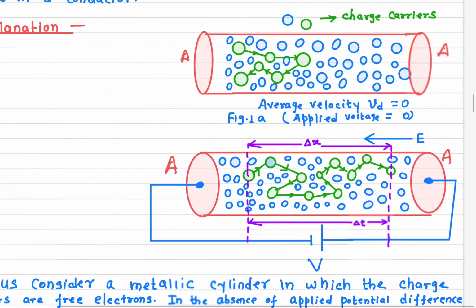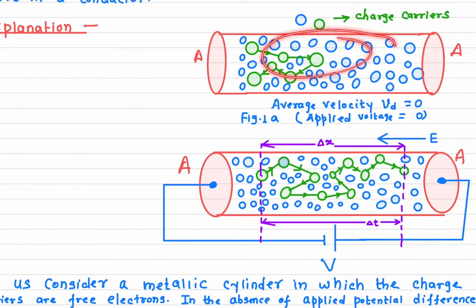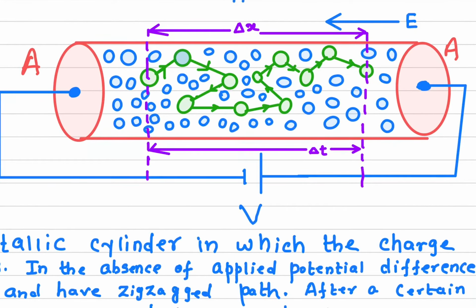So in the earlier case, over a long period of time, the average velocity of all the charge carriers is zero. But in this case, there is a certain average velocity. That means if you look after a long period of time, this electron might have moved a certain distance.